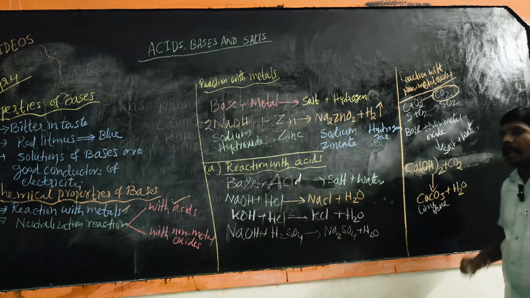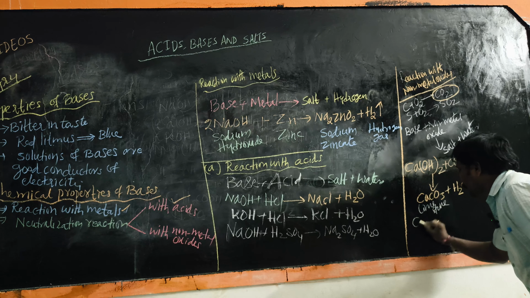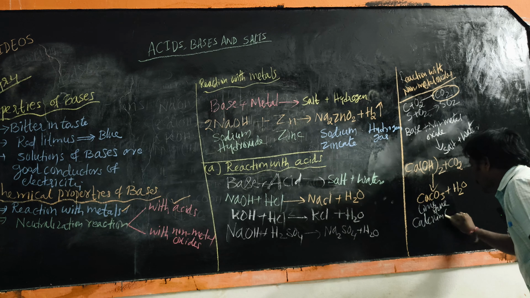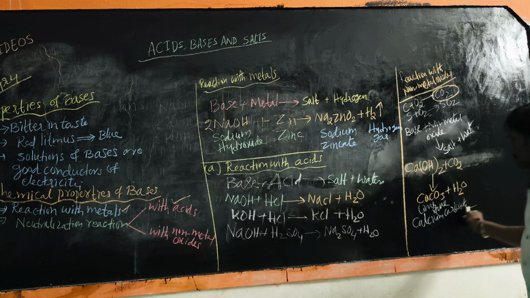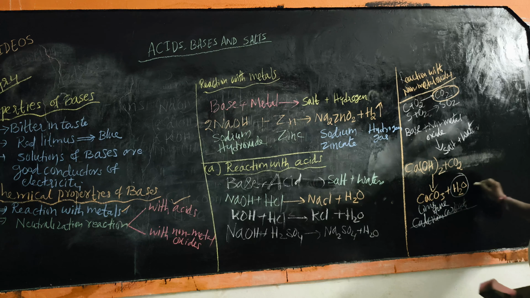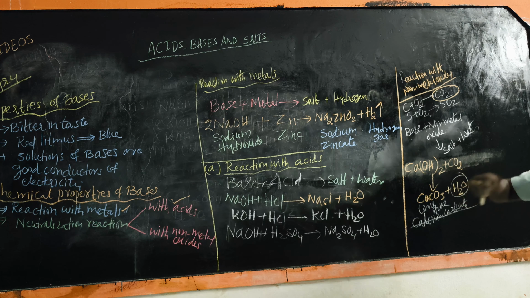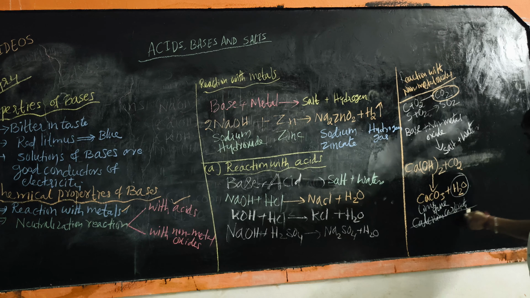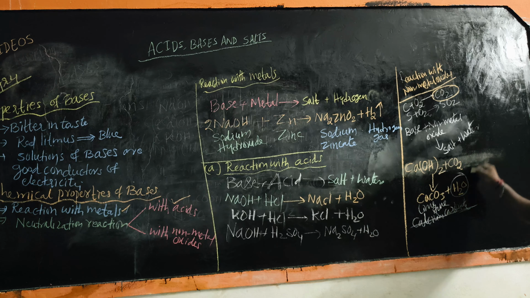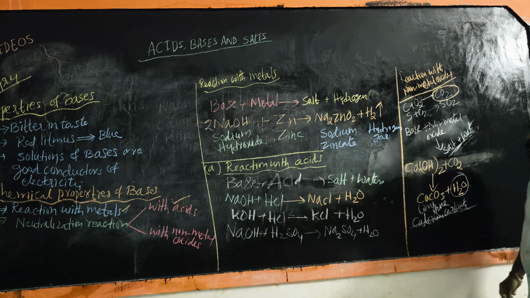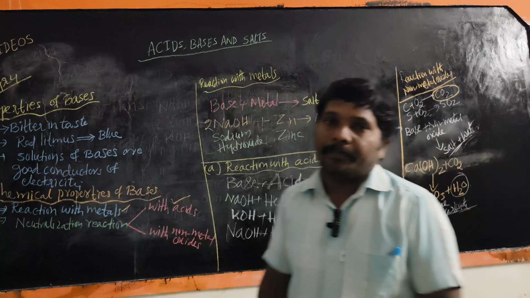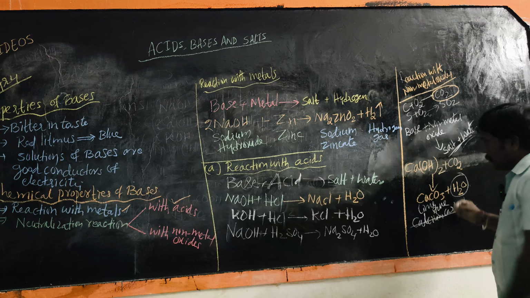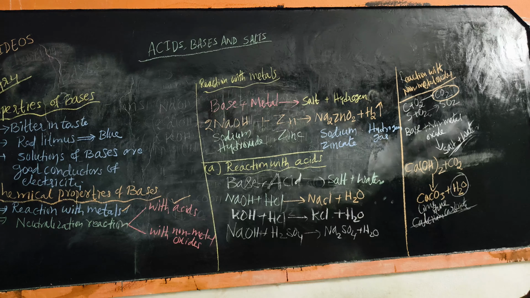That is calcium carbonate, which is a salt, and it also gives us water. In any chemical reaction, if a salt and water is obtained, such reactions are called neutralization reactions.